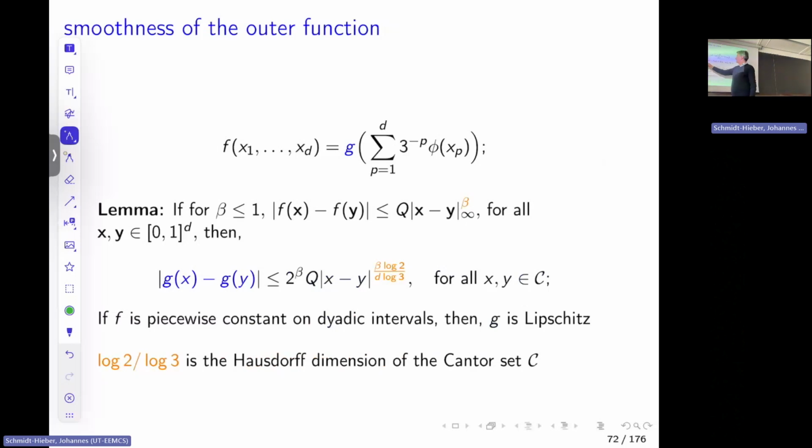So suppose the outer function has smoothness beta, in the sense like this, with beta smaller or equal to 1, so it's like Hölder smoothness. What one can show then is that this interior function in the Kolmogorov-Arnold type representation theorem has smoothness beta log 2 over d log 3.